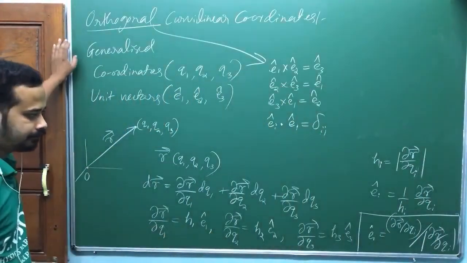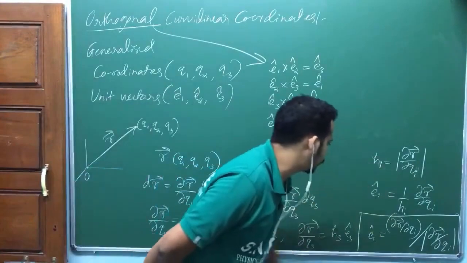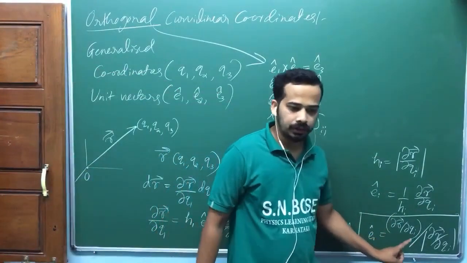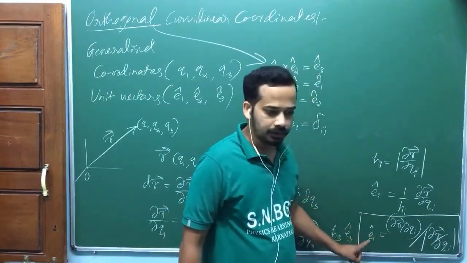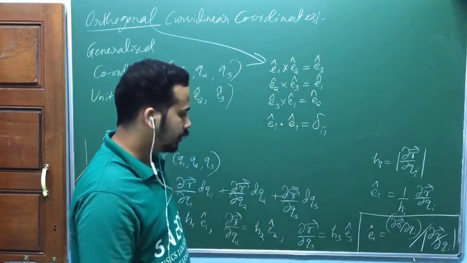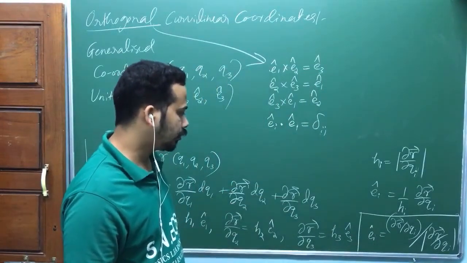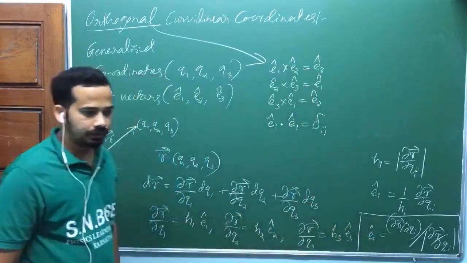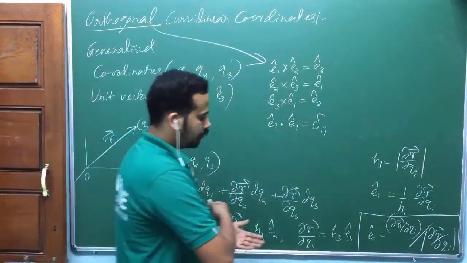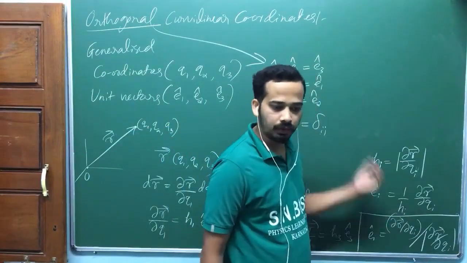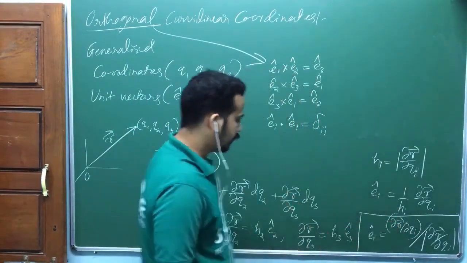I have just substituted Hi. So you better remember this to define your unit vector, because we start with Cartesian coordinates and take the transformation to spherical and cylindrical coordinate systems. Then this expression is very relevant to find the relation between unit vectors of the old and new coordinate systems. So that's a very important formula.